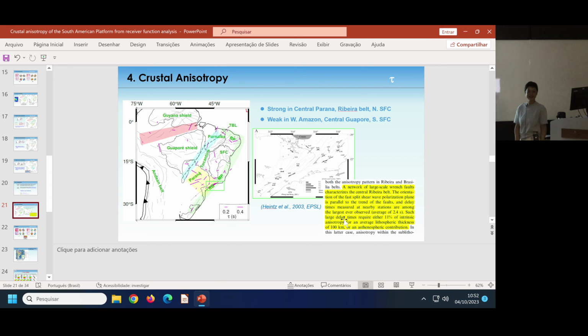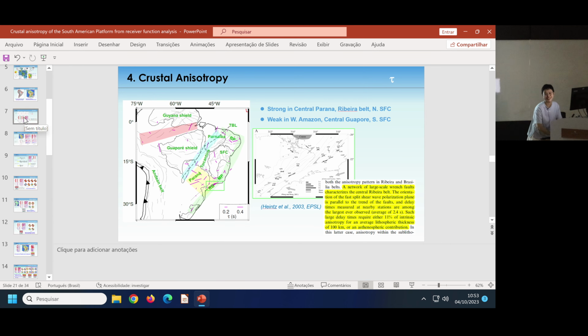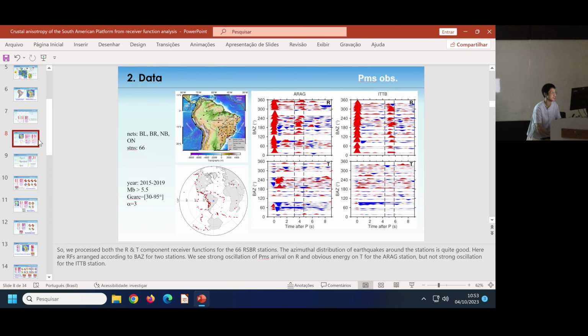How much dependence do you have on the window you choose? Yeah, good question. We also did this kind of test, but I didn't show it here.